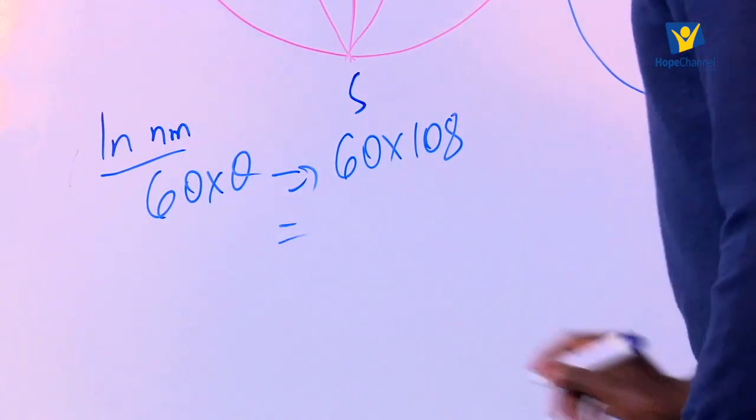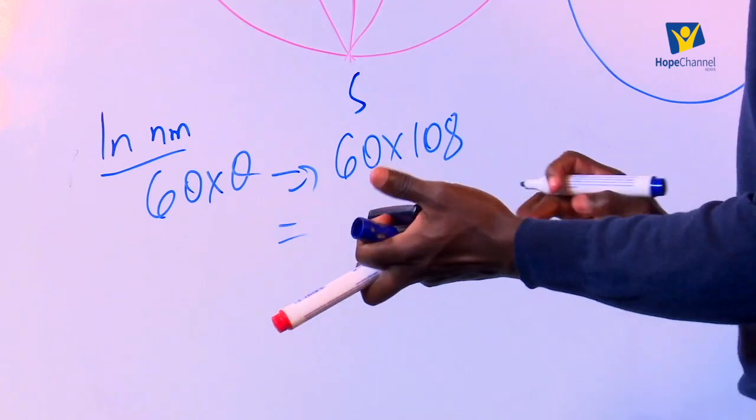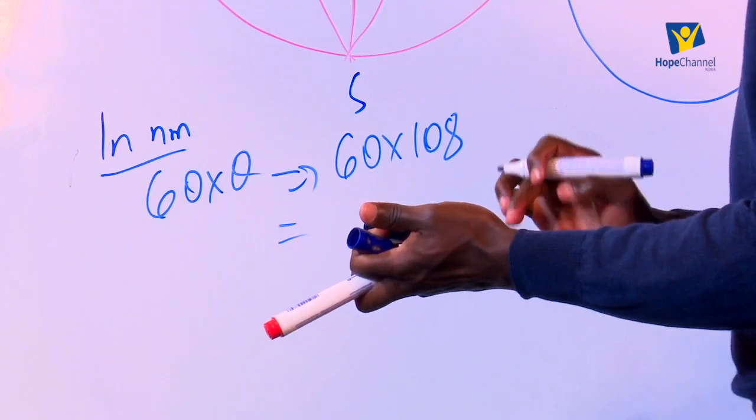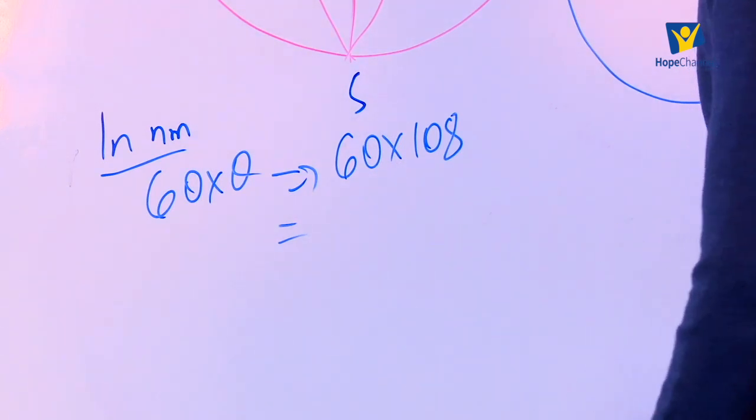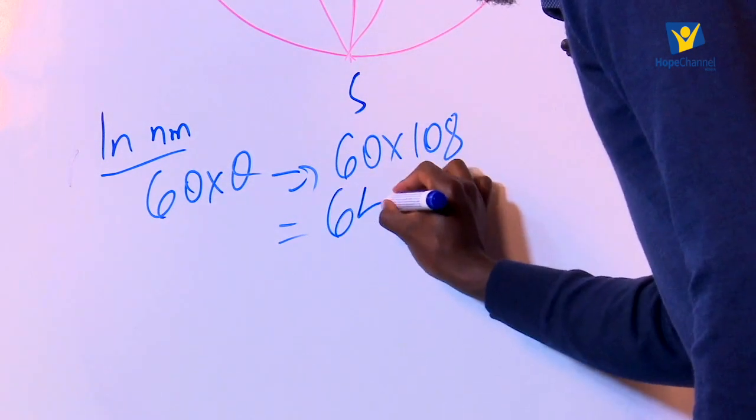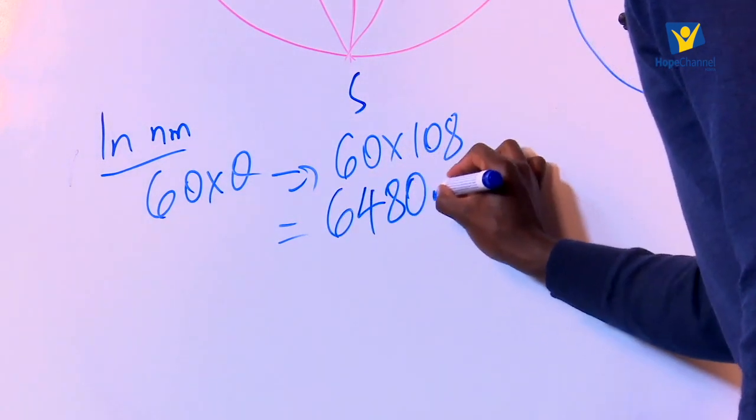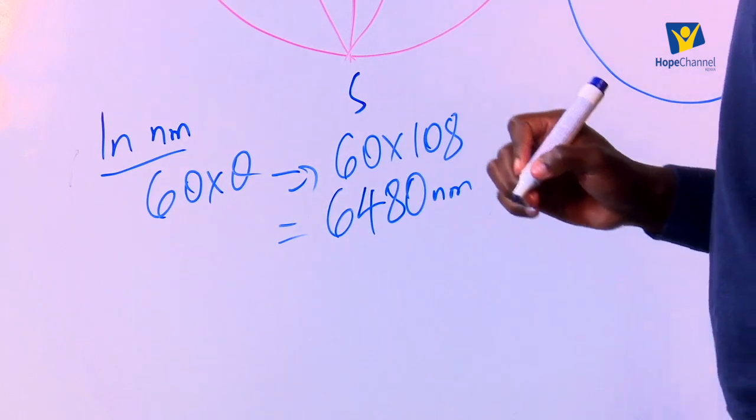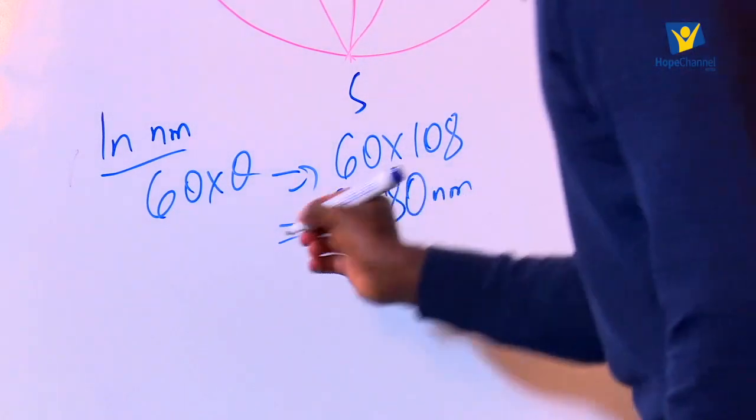What answer do we get? Let's see, 60 multiplied by 108 gives us 6,480 nautical miles.